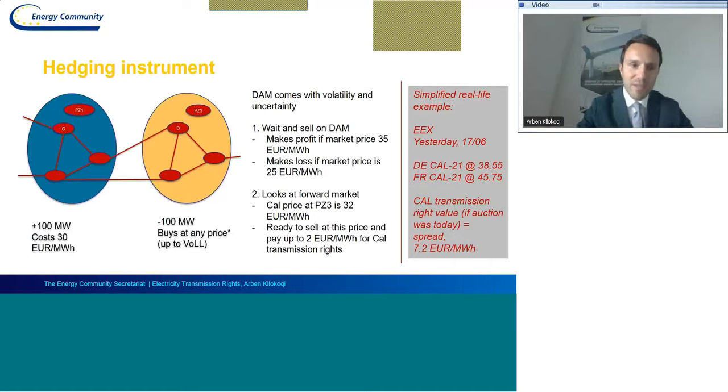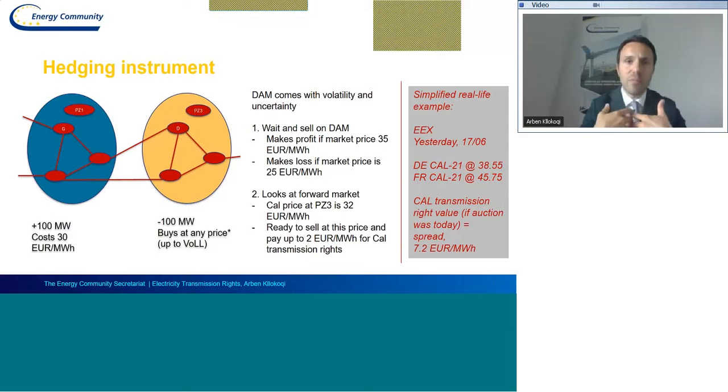Maybe just to make a simple example, if you have zone 1 and zone 3, so you have a price zone, you have generation in zone 1, and then you have demand in zone 3. Let's say the generation has a production cost of 30 euros per megawatt hour, and then you have a demand for 100 megawatts of capacity, and the demand will buy at any price up to the value of lost load.